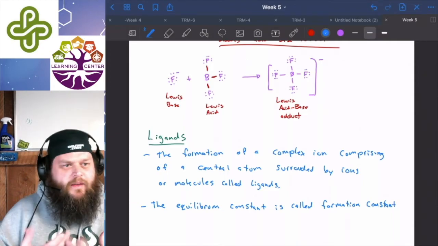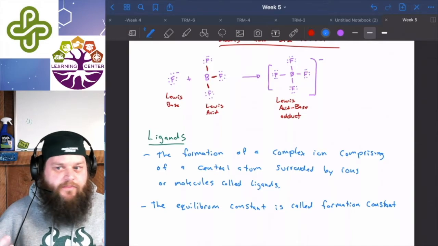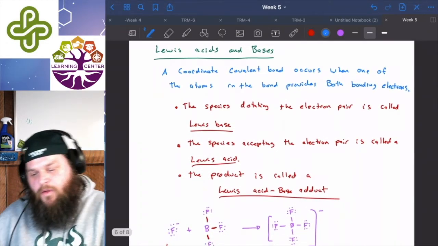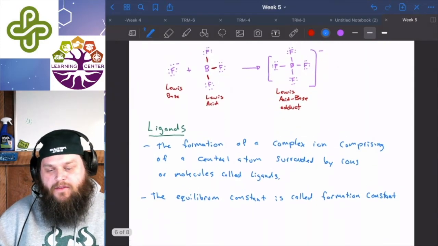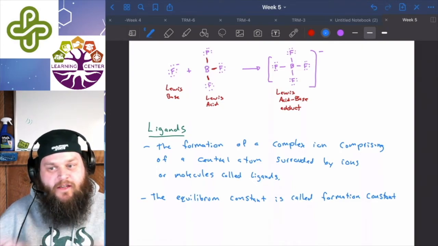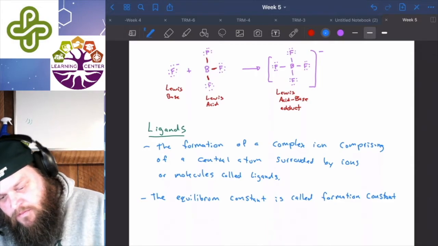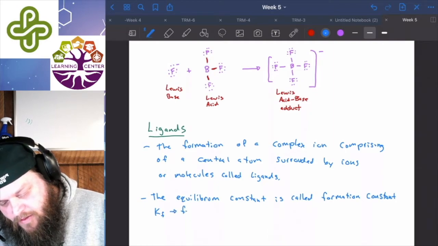There's also an idea when these ligands dissociate from each other again, that covalent bond, or we called it the coordinate covalent bond, breaks from these complexes. There's a dissociation constant for that as well. So I can say Kf is what we call the formation constant.